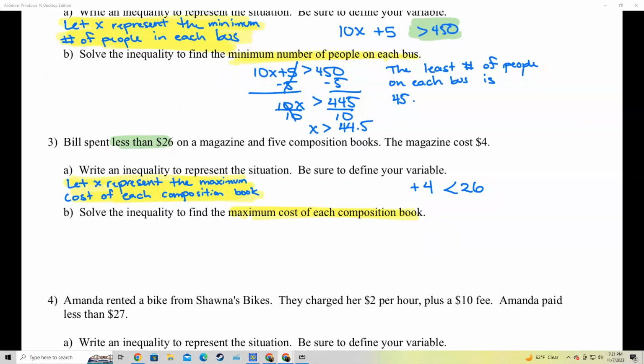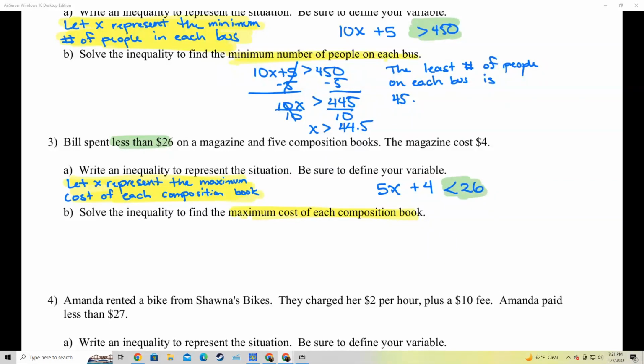If each composition book costs $1, then it'd be 5 times 1. If each costs $2, then it'd be 5 times 2. If it's $3, then it's 5 times 3. It's going to be X dollars because I don't know the cost. So I'm going to write 5 times X. 5X plus 4. Sorry, I just realized I forgot to highlight this part.